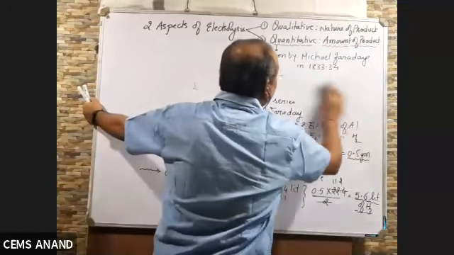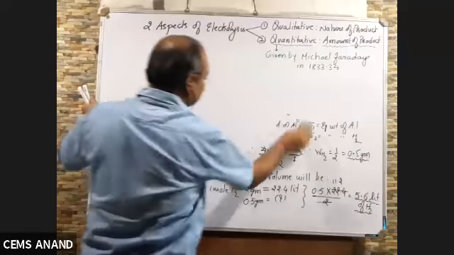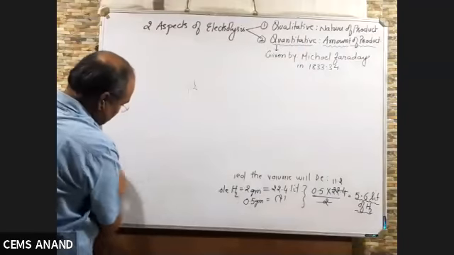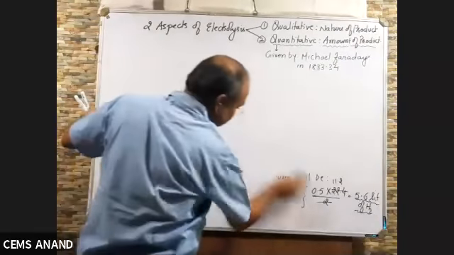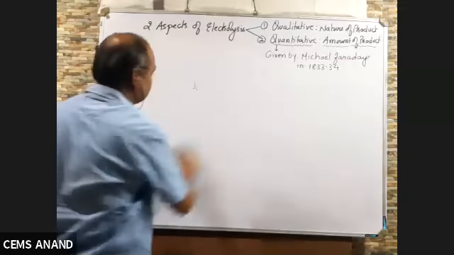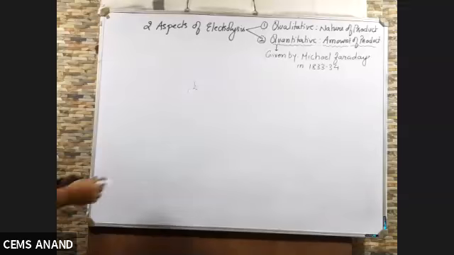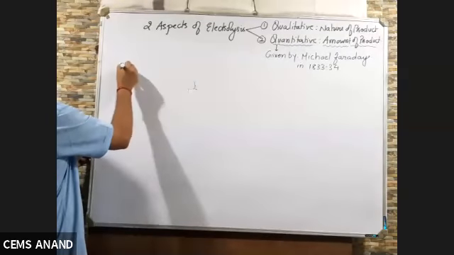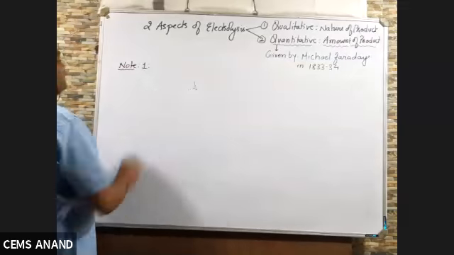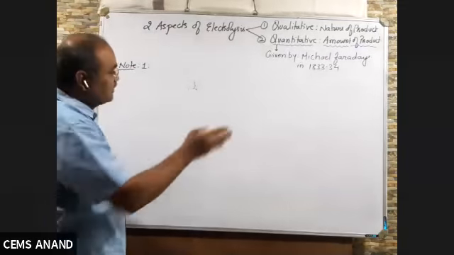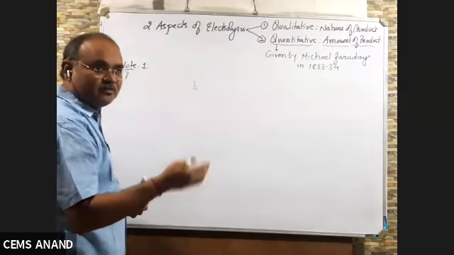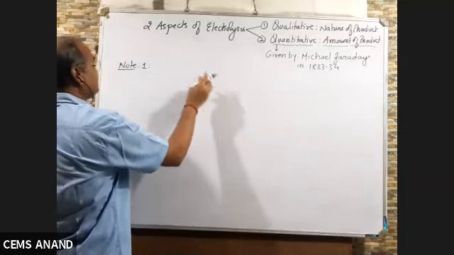So here the concept of Faraday is over, but you write some notes. Note number 1. At the time of Faraday, means in the year 1833 to 34, there were no sources available for constantly passing current.